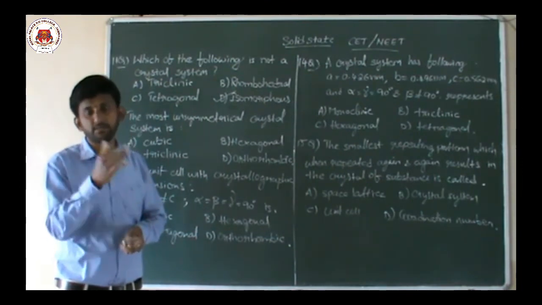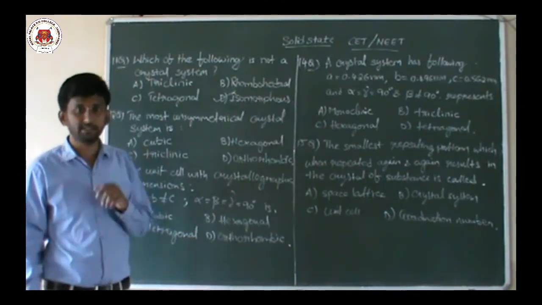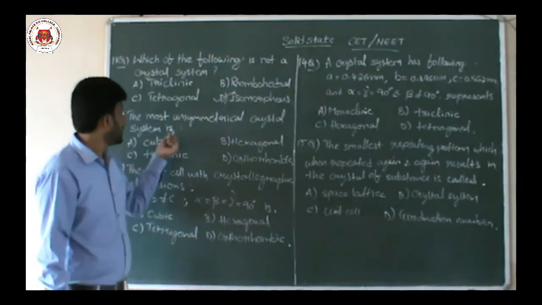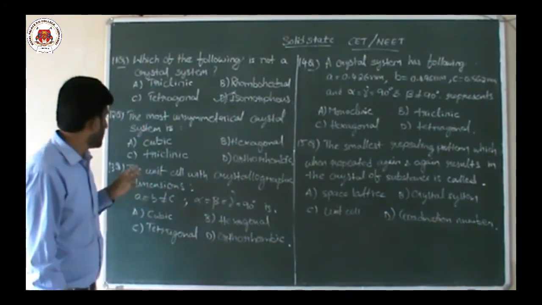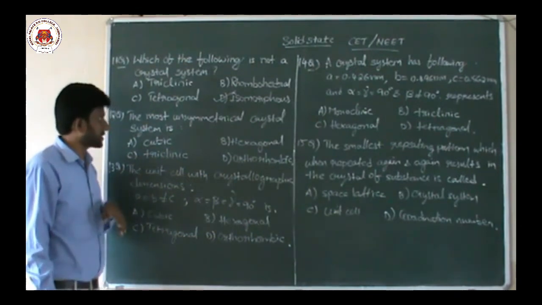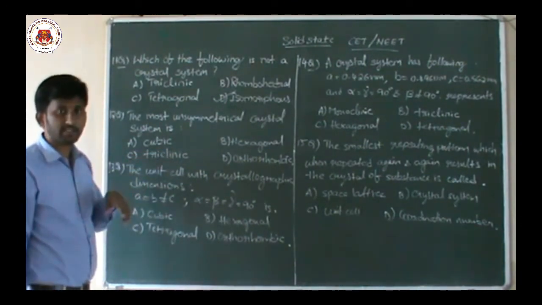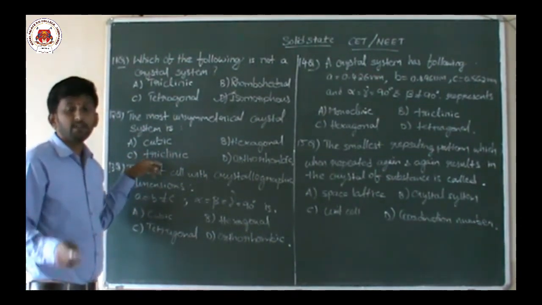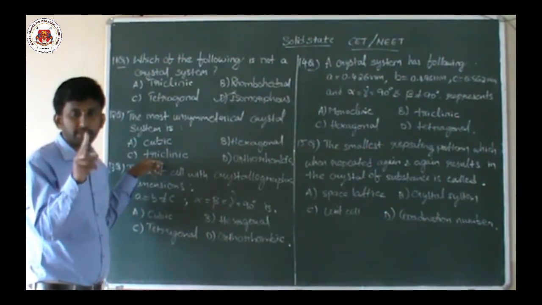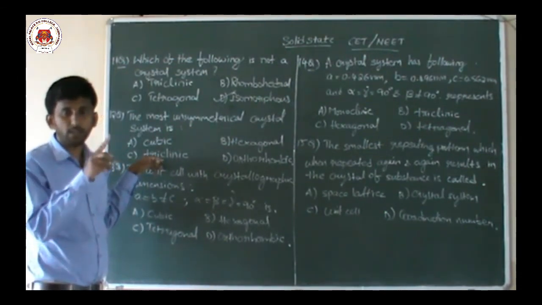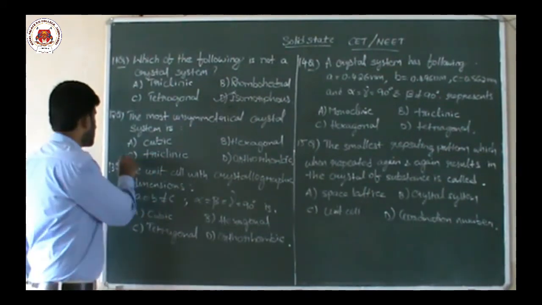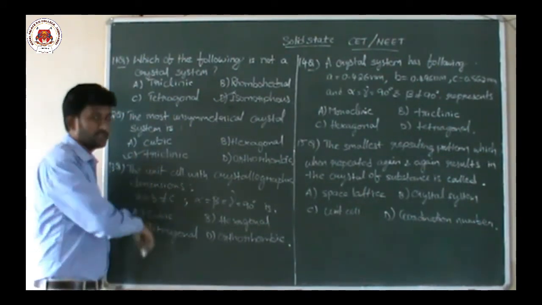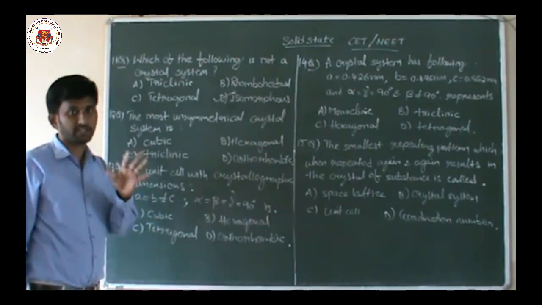You can see different types of symmetrical axes. But we want the most unsymmetrical crystal system. Among the given options, the most unsymmetrical crystal is the one in which all sides are not equal to each other and all the bond angles are not equal to each other. That is the triclinic system. It is the most unsymmetrical system.